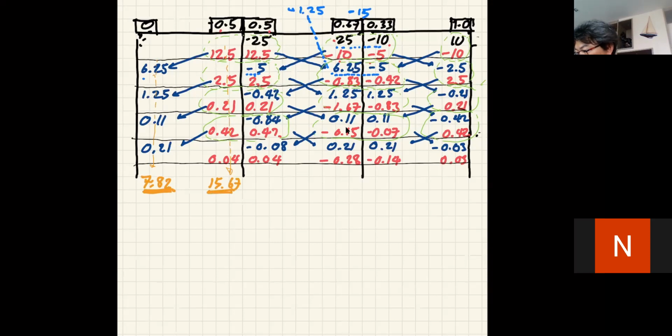And I can do the same with this. Just all come down here, and you bet it should be equal to minus 15.67.